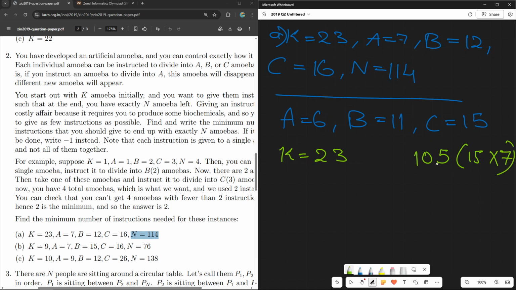You have to take 7 amoebas from this to get 105 in total, and the remaining amoebas, 23 minus 7, is 16. 105 plus 16 is going over this number, so this is not possible.